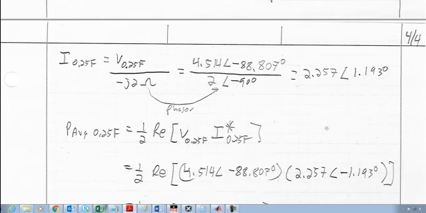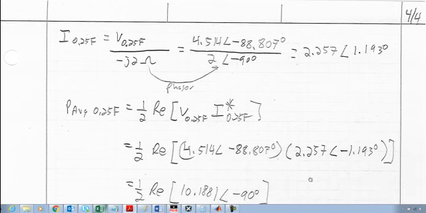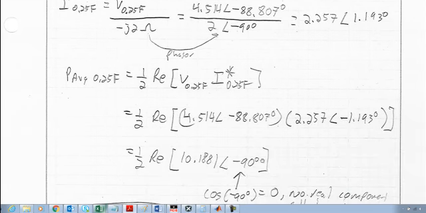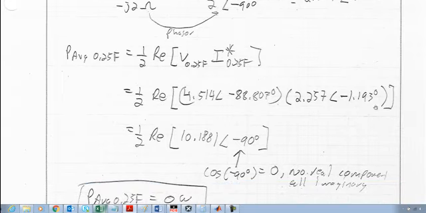Now, for my final calculation, I know that the power on average that is delivered to this capacitor is 1/2 real portion of the voltage across that component times the conjugate transpose of the current. So again, I take this current, just flip the sign on the angle, multiply these on through. Hey, look here, the angle, when I add these up, becomes negative 90 degrees.